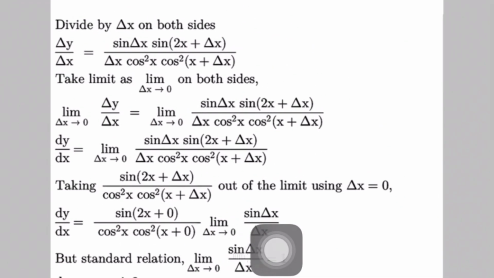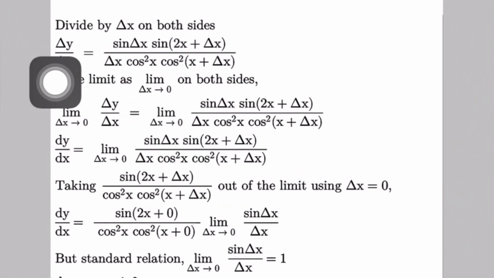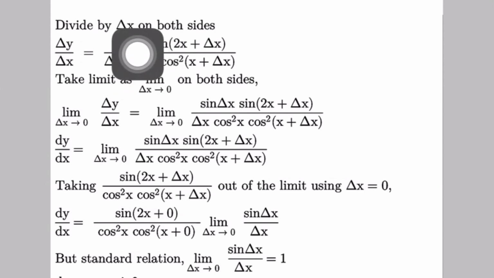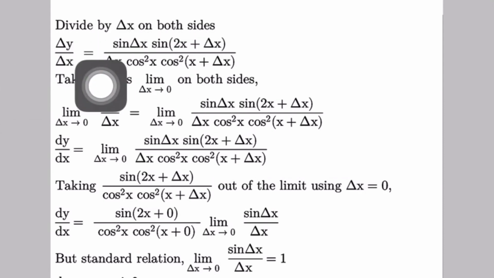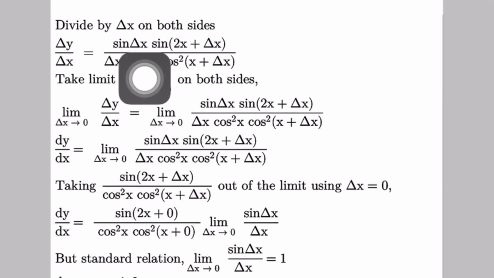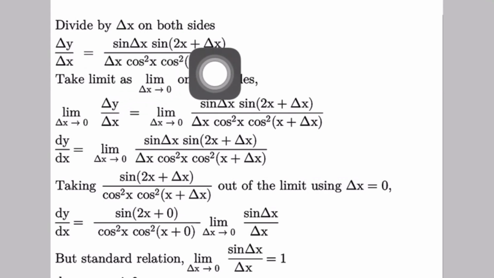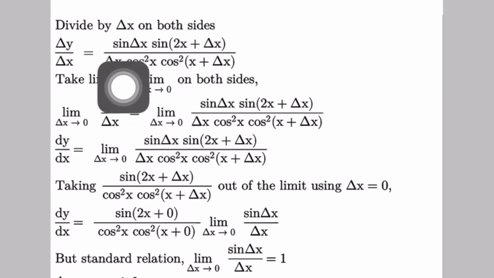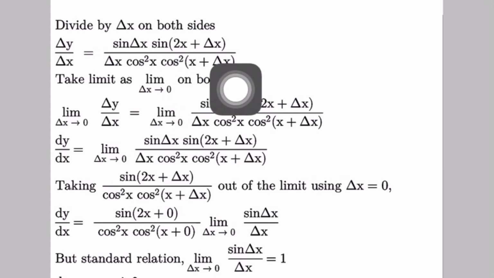Now the next step is to divide the last equation by del x, and by dividing by del x on both sides we get del y by del x is equal to sine of del x times sine of 2x plus del x whole divided by del x times cos square x times cos square x plus del x.